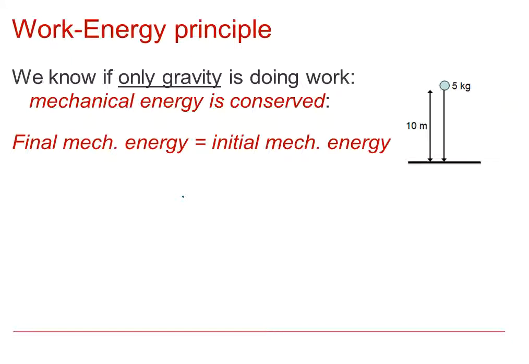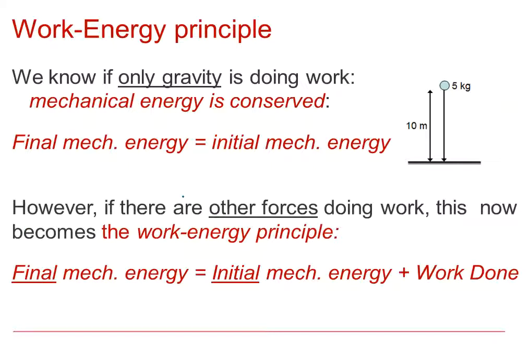So we're going to take things a step further now and start looking at the work energy principle. We've already seen that if only gravity is doing the work, mechanical energy is conserved, and the final mechanical energy at the end will equal the initial mechanical energy at the beginning. However, if there are other forces doing work, this becomes the work energy principle, and we say that the final mechanical energy equals the initial mechanical energy plus any work done by non-gravitational forces.